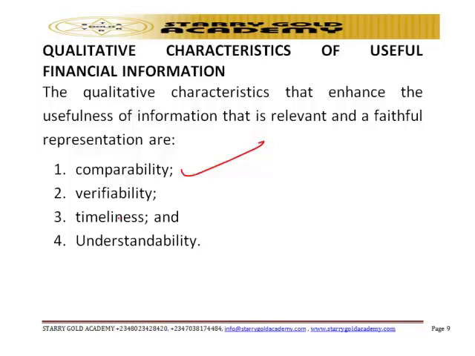Also, the second characteristic is what I call verifiability. This has to do with putting means in place to confirm the information that has been produced, that has been prepared based on the financial information. Number 3, timeliness. The timeliness of financial information also matters, because financial information is required by users to be consumed for a particular period of time.